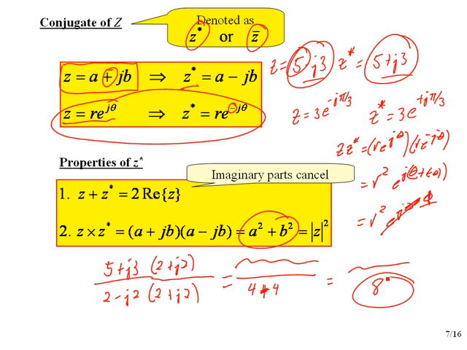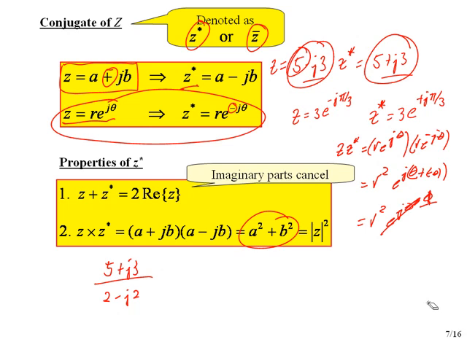That's fine, but I would encourage you to also know the other way to do this that we talked about. Another way is to convert top and bottom to polar form. So you would convert this to r1 e to the j theta 1 all over r2 e to the j theta 2, and then you'd get r1 over r2 e to the j (theta 1 minus theta 2).